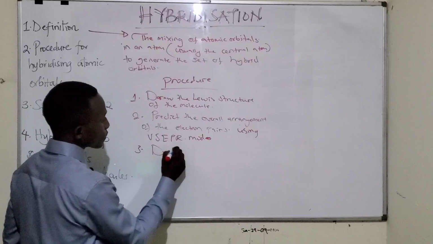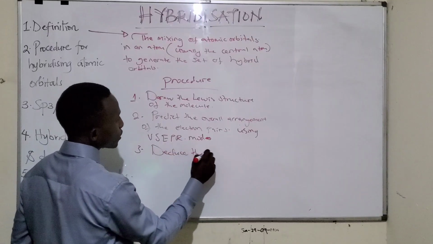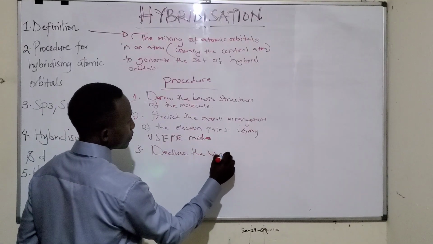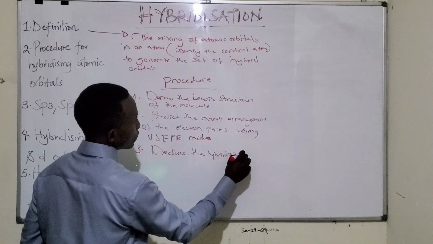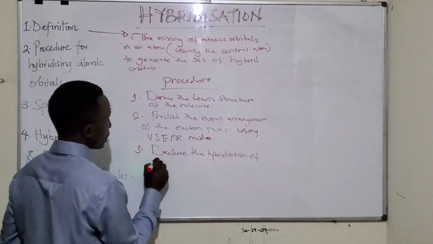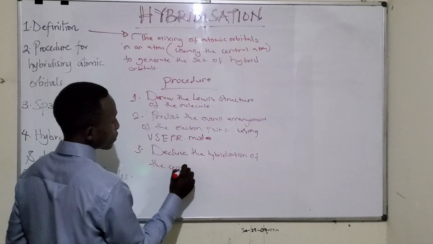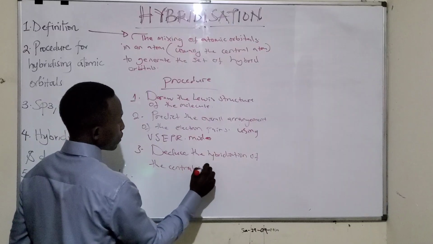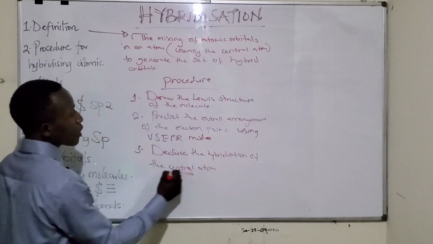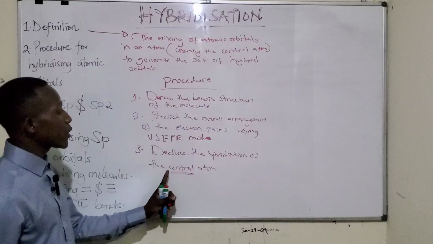Now you deduce the hybridization of the central atom. This central atom, we said, is usually the one we hybridize.